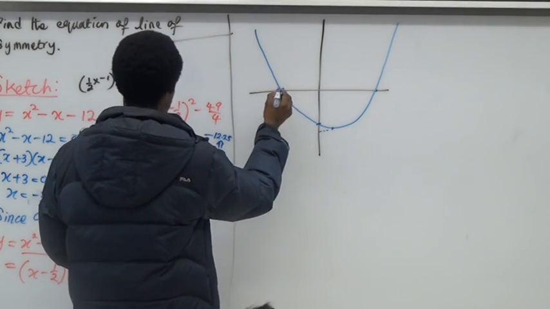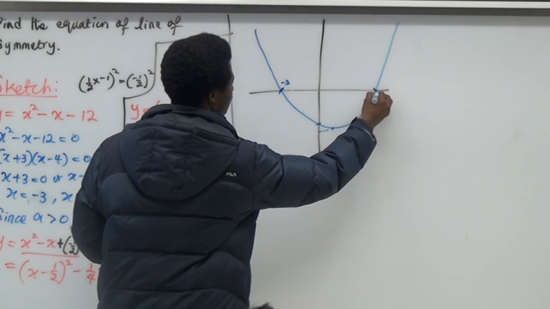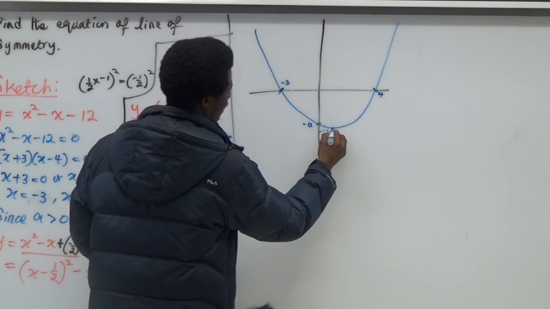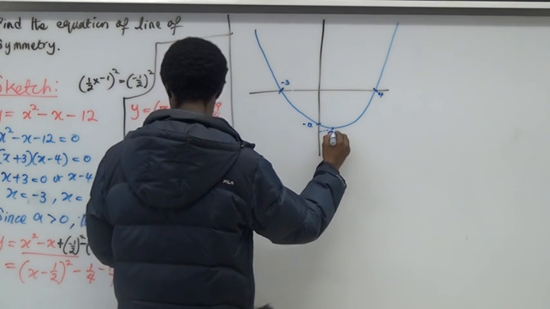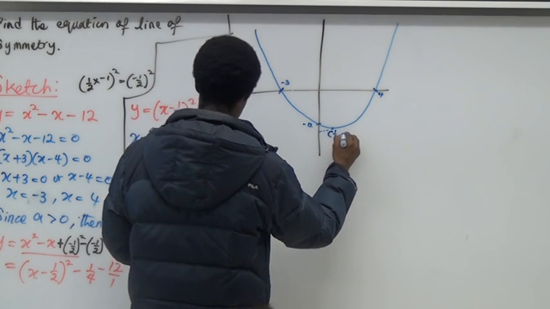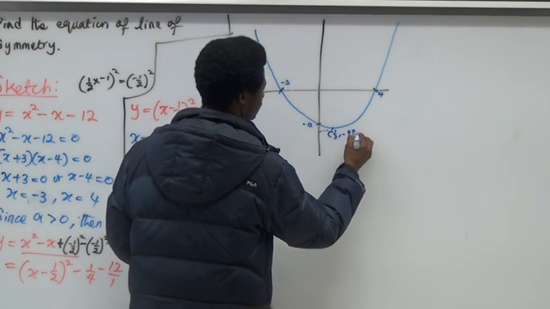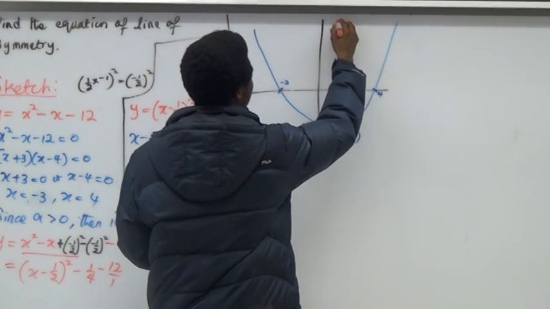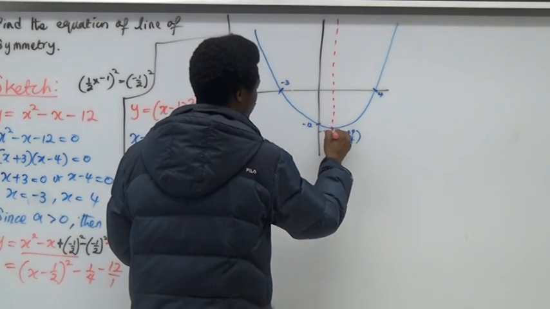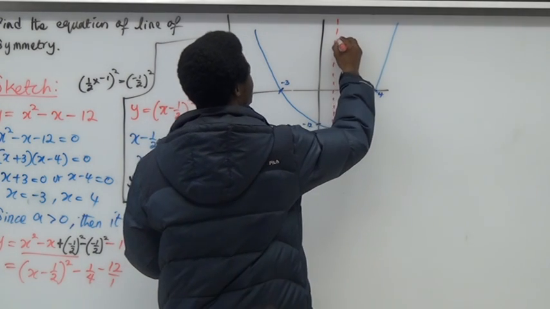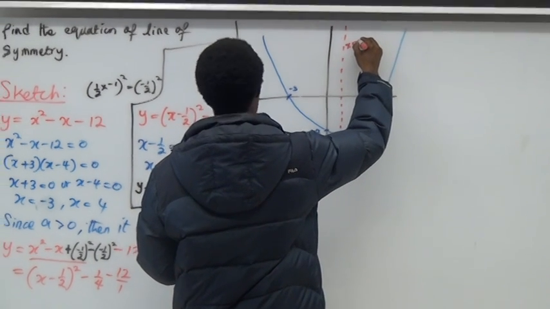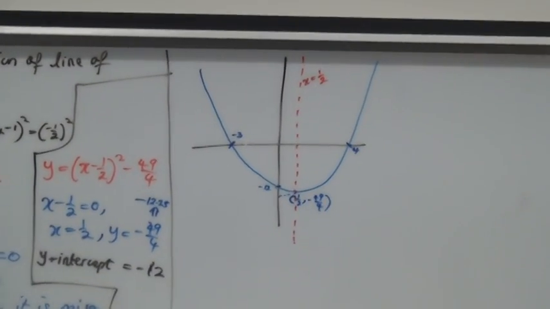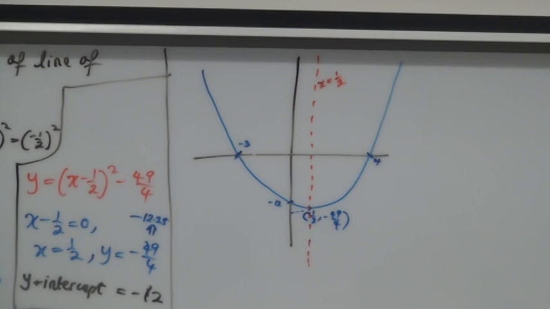So I put here negative 3, I put here 4, I put here negative 12, and this turning point is half, minus 49 over 4, right? And for my equation of the line of symmetry, I take a ruler and draw broken lines to pass through that point. Then you write x is equal to 1 over 2. And that is the sketch of the graph. Does it make sense? Okay.